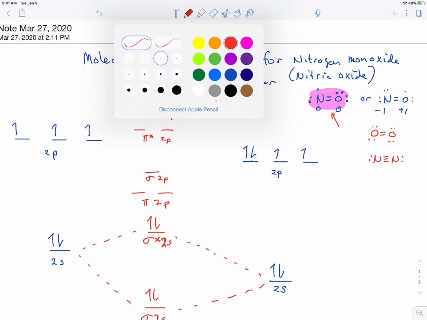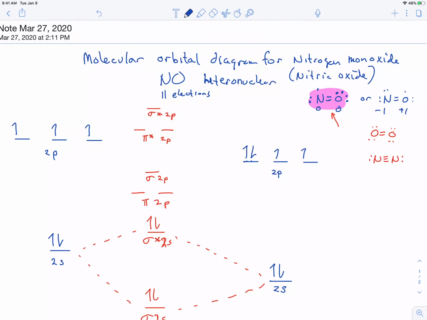Let's populate those orbitals and keep track of our electrons. The pi 2p orbitals are degenerate. They're on the same level, so they're going to fill up like this: 1, 2, 3, 4. So we have 2 bonding orbitals, and then for the sigma 2p, we'll put both of those in there at the same time.